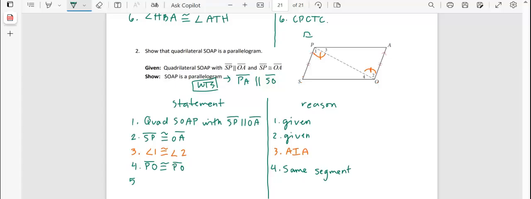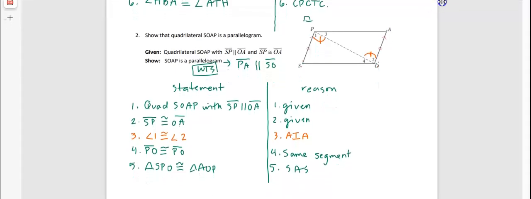And next we can say that triangle SPO is congruent to, so again, SPO, I have to call this AOP. Side angle side.